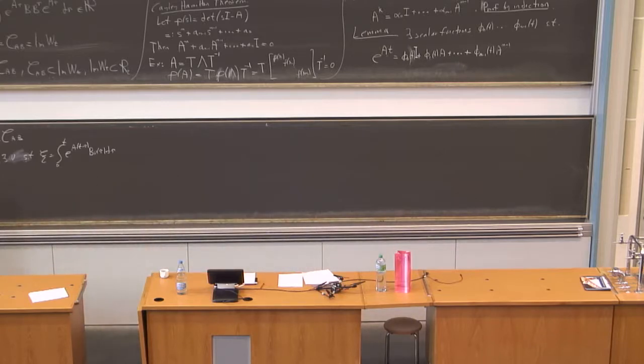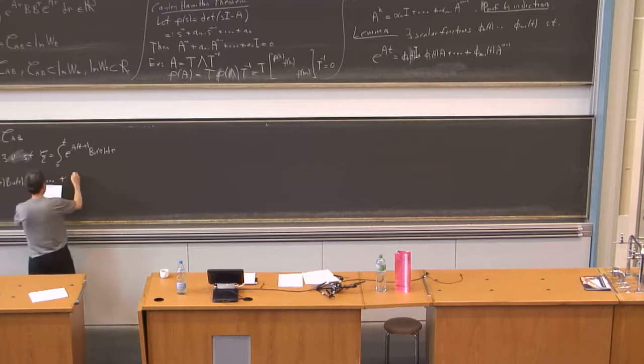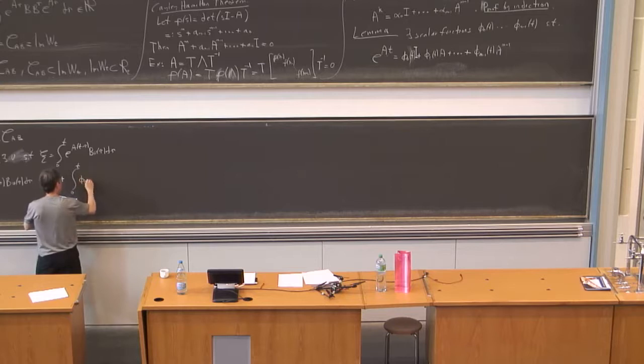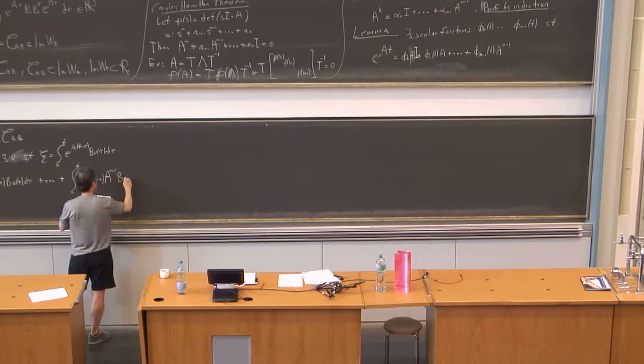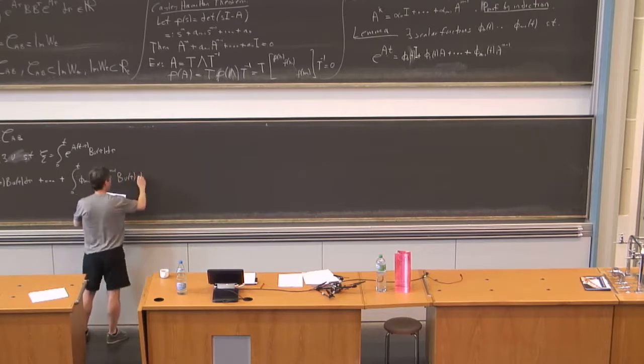Therefore, Xi is equal to the integral from 0 to t of phi_0(t minus tau) B u(tau) d tau, plus dot dot dot, plus the integral from 0 to t of phi_(n minus 1)(t minus tau) A^(n minus 1) B u(tau) d tau.